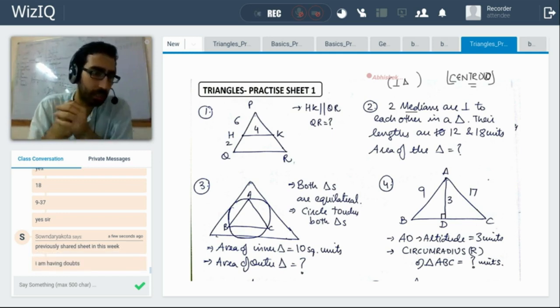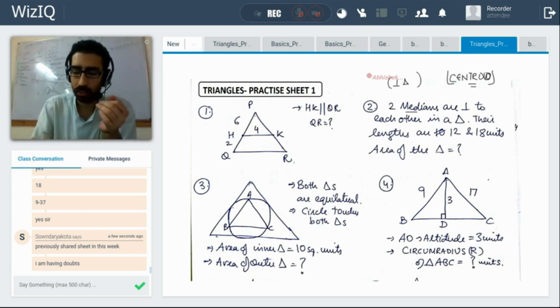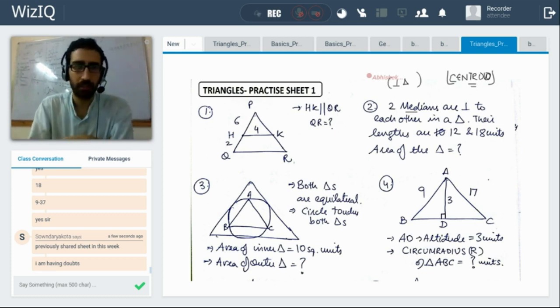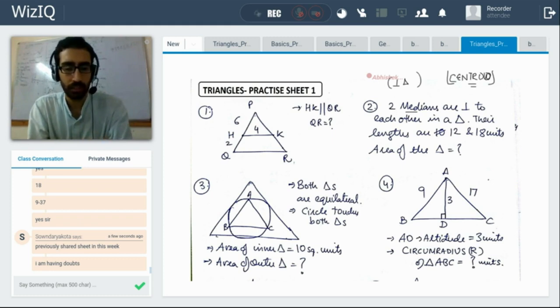Previously shared sheet this week. Which was the sheet? Okay, let me check the previously shared sheet, because I don't remember which sheet you're talking about. I'll take a minute to check which sheet that is.